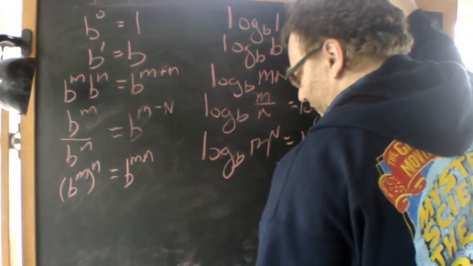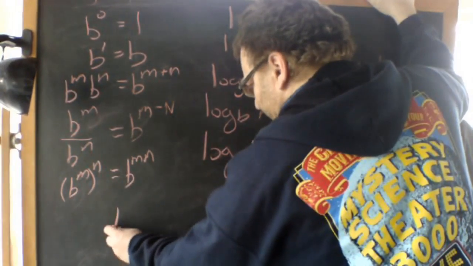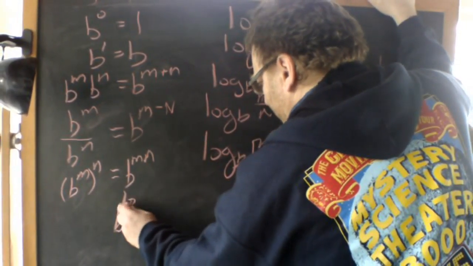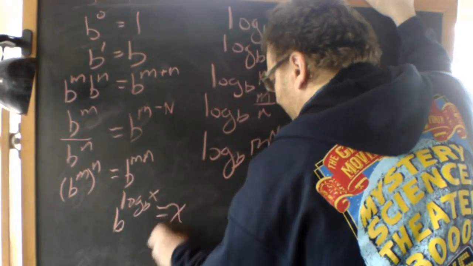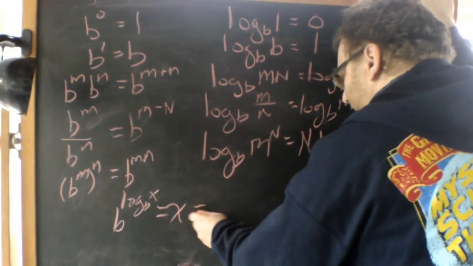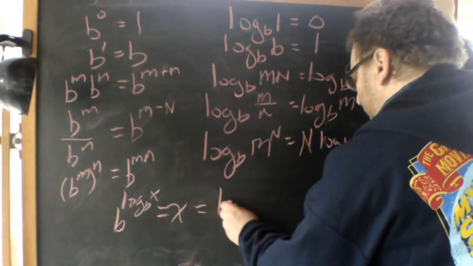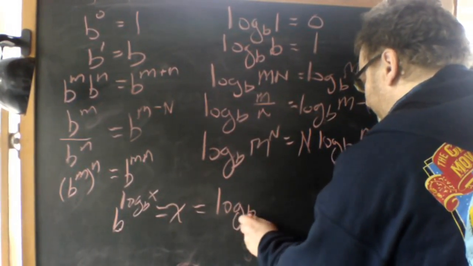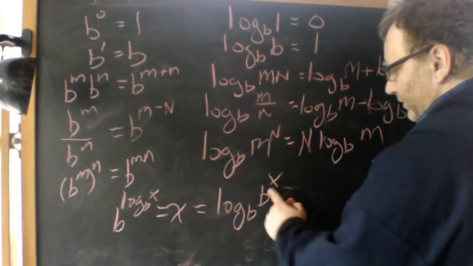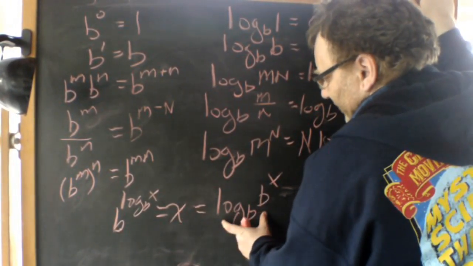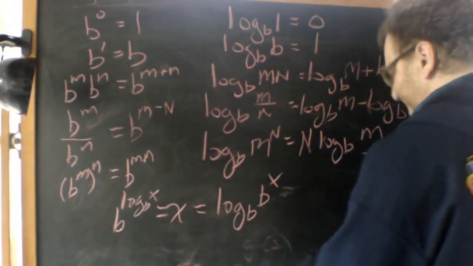And our inverse relationships: if I take b and throw into it the log base b of x, I get x out. And if I take log base b and throw into it b to the x, I get x out. So both of these operations will give me x.